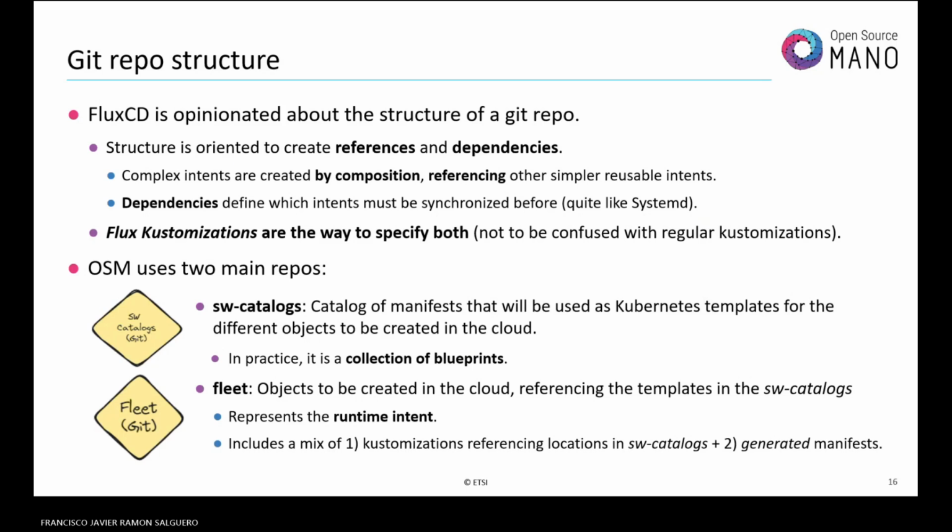The fleet catalog is the one that represents runtime, what happens for real in my deployment. And that is where I'm collecting all those cluster intents, all those references, etc., that, of course, reference things that exist in the software catalogs, okay? And it's the runtime intent. It's the actual runtime intent that is creating the composition of intents, okay?